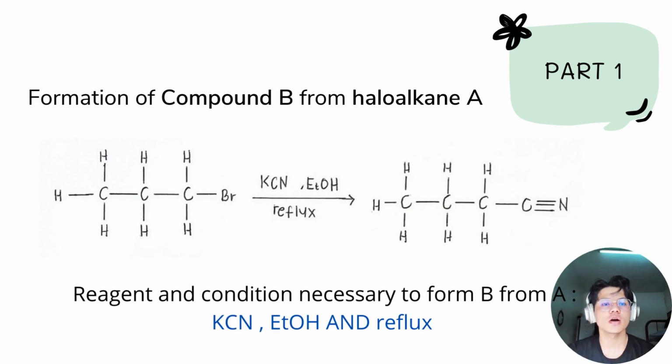For the formation of compound B from haloalkane A, the haloalkane, which is bromopropane, reacts with potassium cyanide in the presence of alcohol, more specifically ethanol, and heat to produce a nitrile compound. The reagent and condition necessary to form B from haloalkane A are potassium cyanide, ethanol, and reflux.